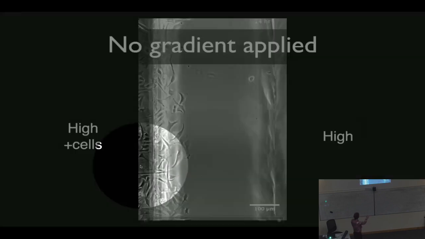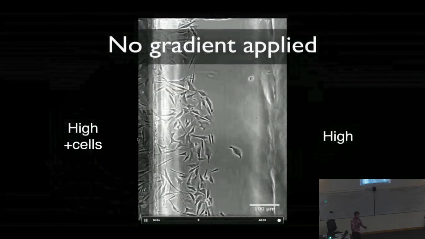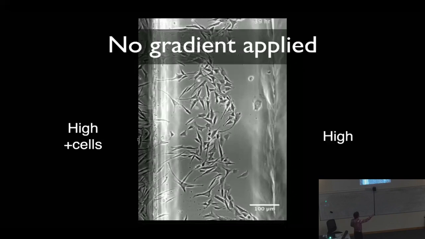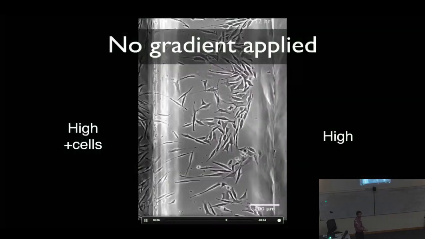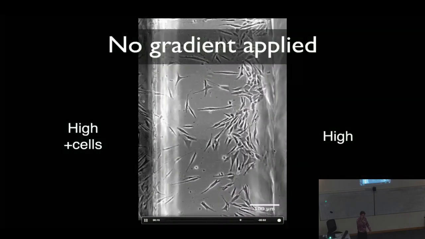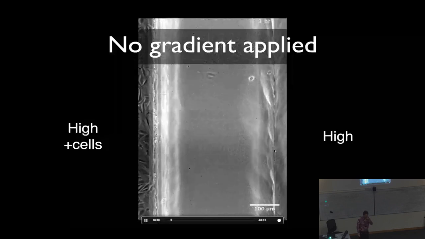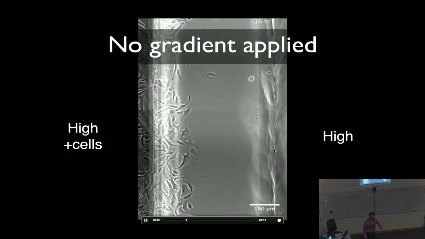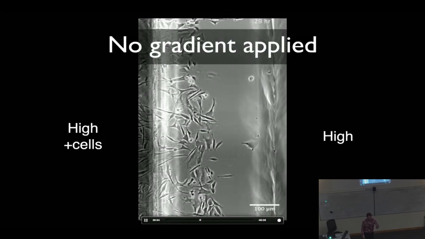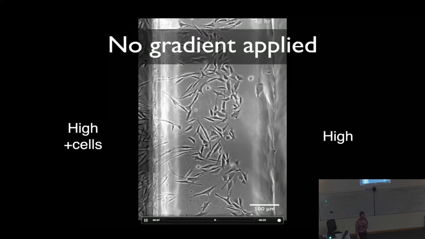So wherever the cells are, there is no LPA left. Wherever the cells aren't, there is still some LPA, and diffusion sets up a gradient between them. So the gradient is being made by an interaction between the cancer cells themselves and their environment.